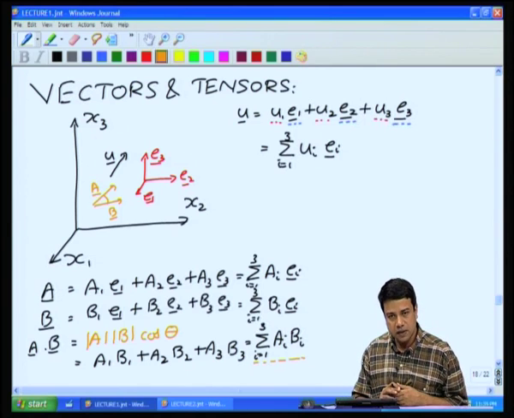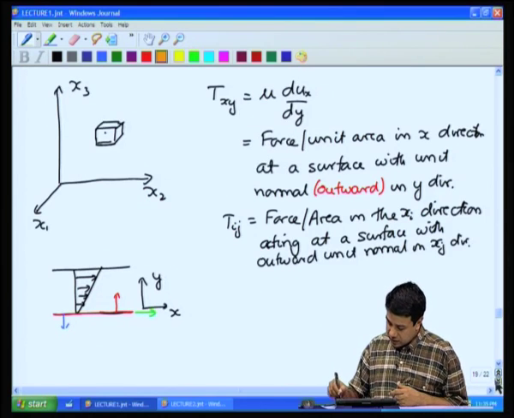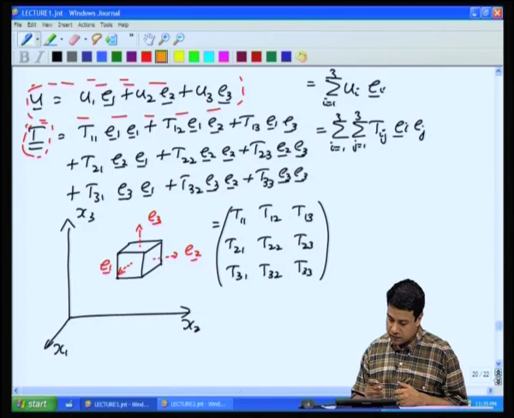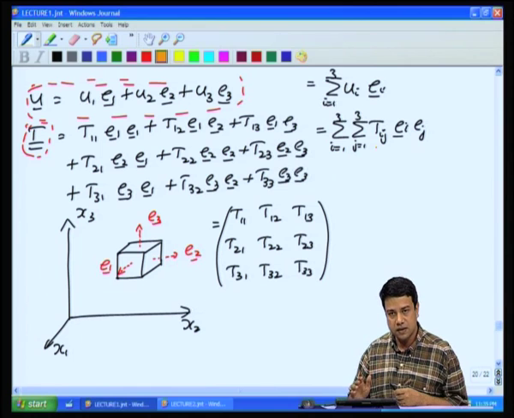Similarly, for A and B, for the dot product, there is one index, but that appears 2 times, A i B i. i appears 2 times, and there is one summation. For the second order tensor, on the other hand, that I wrote down for you, there are summations over 2 indices T i j. Each one of those appears 1 time. There is a summation and a unit vector.